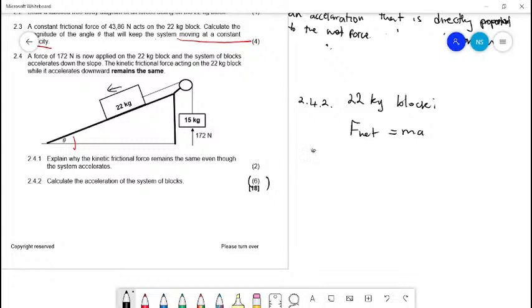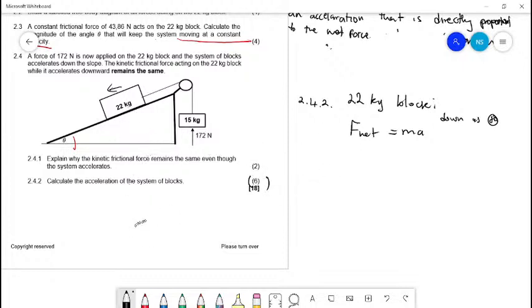So I'm going to take down the slope as positive. So don't forget to choose a direction every time you're answering these questions. Okay, so this is a little bit tricky now.